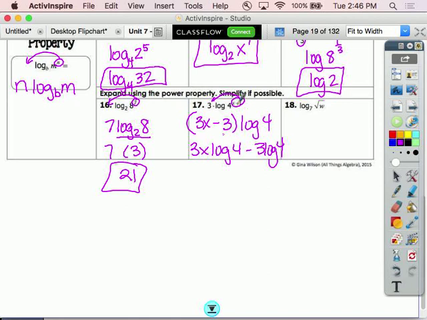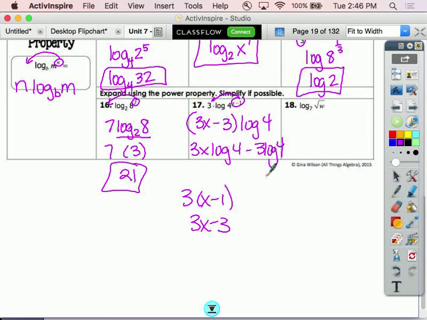Like, see this x minus 1? When I bring it to the front, I multiply it by 3. 3 times x minus 1 is 3x minus 3. So that's where I got this. And then I had my log 4. So then I said 3x times log 4 is 3x log 4. And negative 3 times log 4 is negative 3 log 4. Did I answer your question?